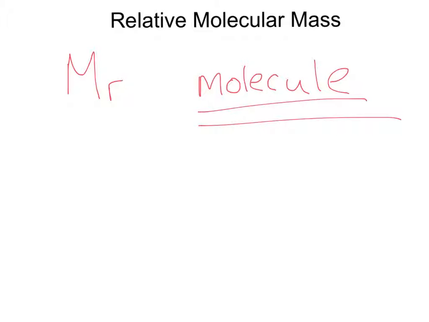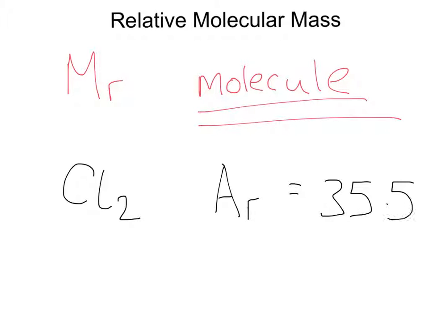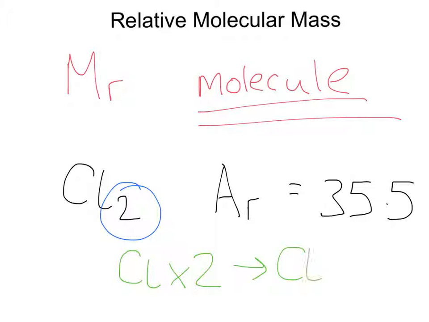So, for example, let's do Cl2, chlorine. The relative atomic mass of a chlorine atom is 35.5, and we can see that on the periodic table. There are 2 atoms of chlorine in the molecule, so we do Cl times 2 to Cl2.